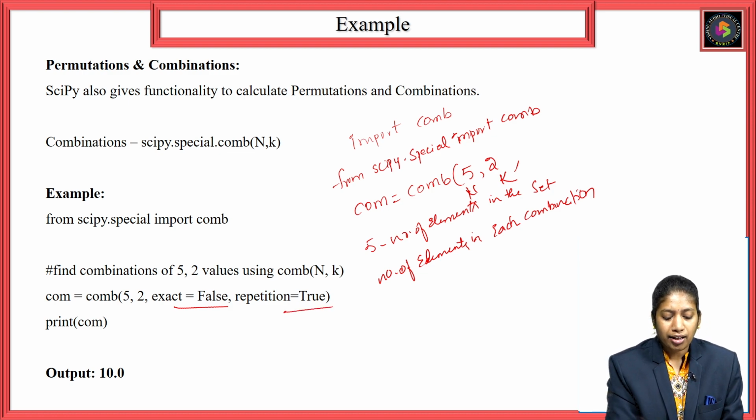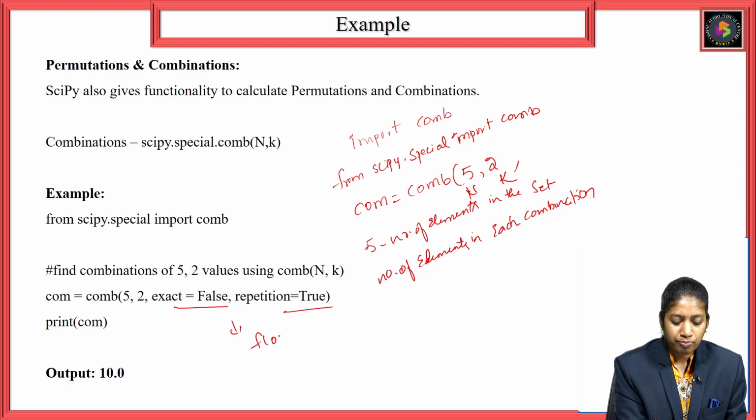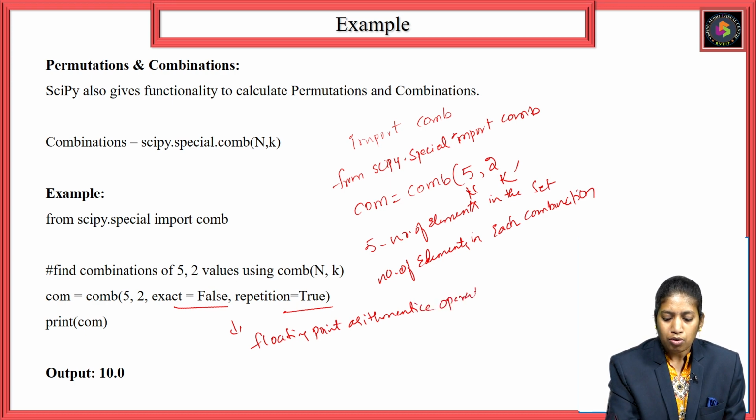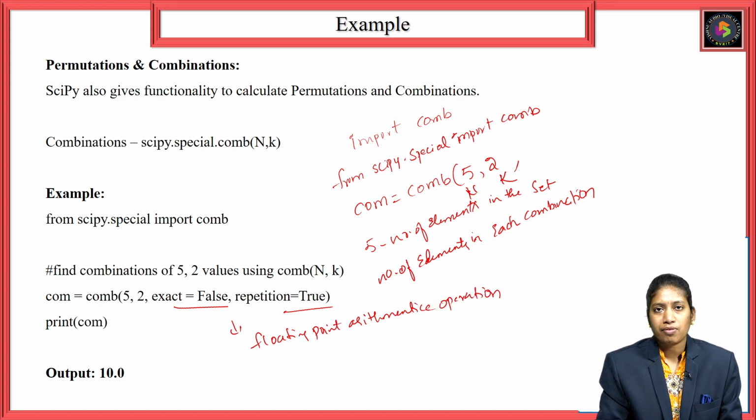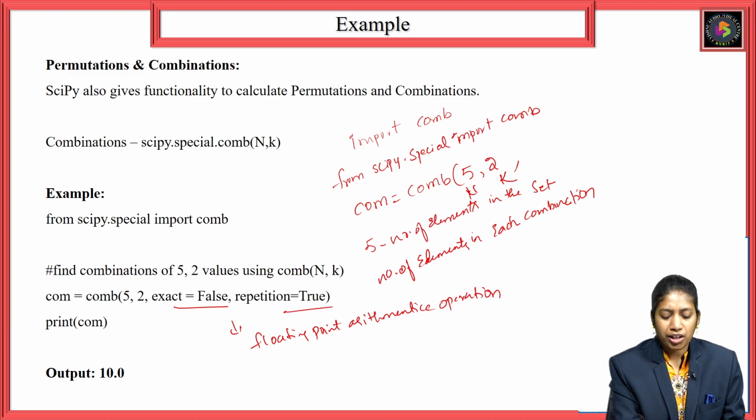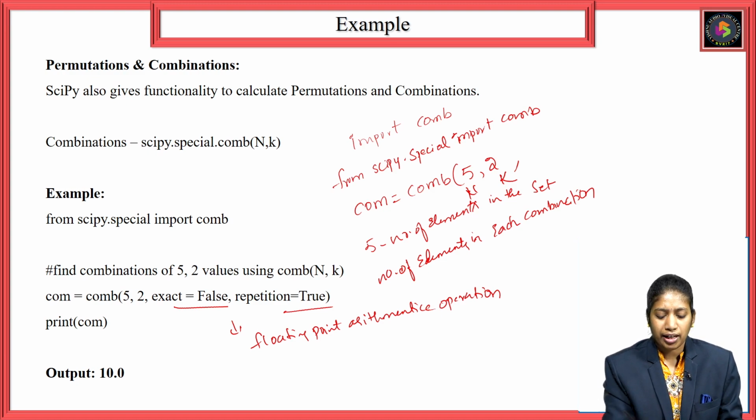true. Exact equals false means use floating point arithmetic operations. Repetition equals true means that if any repeated element occurs in these combinations, it is allowed. If we give false, it eliminates the repeated elements.